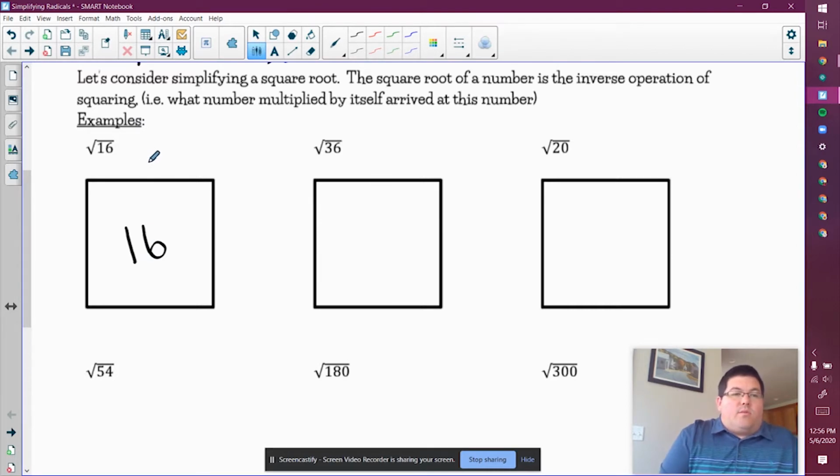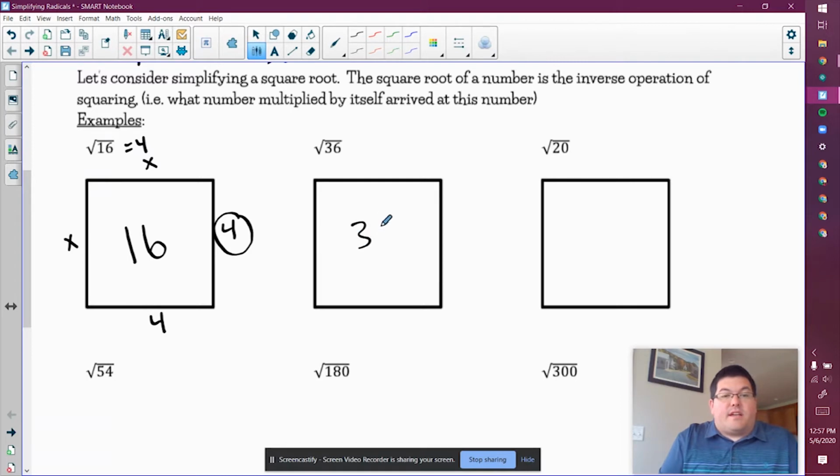And so what was the side length that we multiplied together to make 16? Well, we happen to already have figured that out up top, right? We know that that side length is 4, right? 4 times 4, or this number multiplied by itself, gives us this area of 16, right? So the square root of 16 would be 4, right?